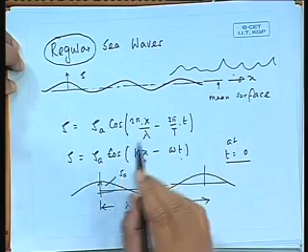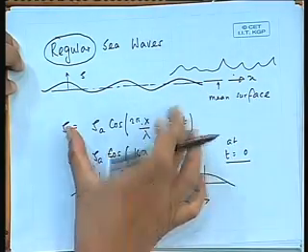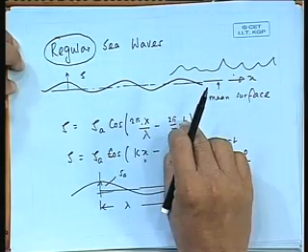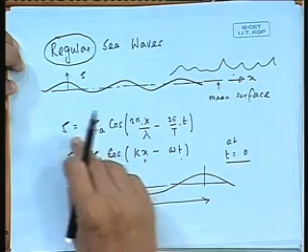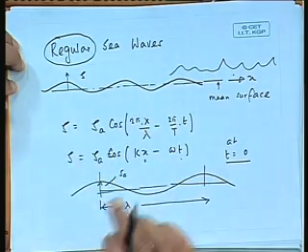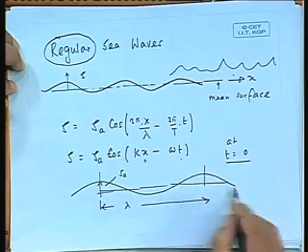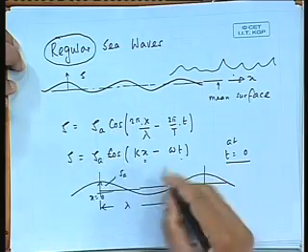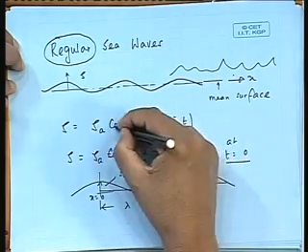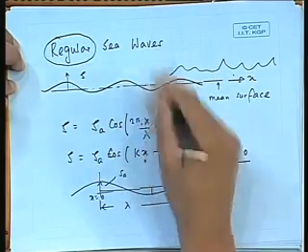Okay. Now, what happens if you plot this at t equal to 0, then this formula becomes xi equal to xi a cos of 2 pi x by lambda. Okay. So if you plot against x, this is my x axis. At x equal to 0, you will see that it is equal to xi a. At x equal to lambda by 2, it will be xi a into cos pi, it will become minus xi a.